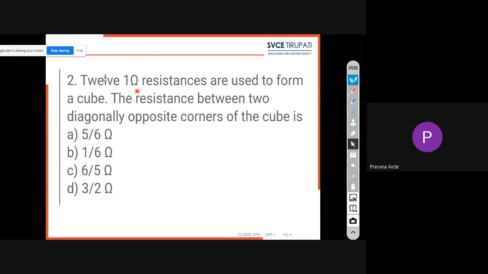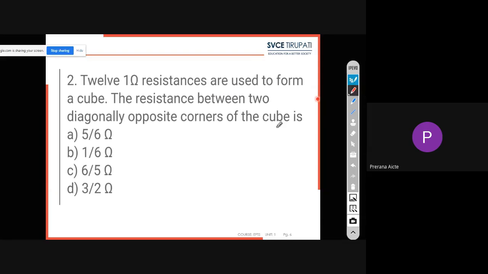See here. First of all, they have given 12 resistances of 1 ohm each, used to form a cube. So first of all, I need to know what the cube is here. I'm writing the cube.